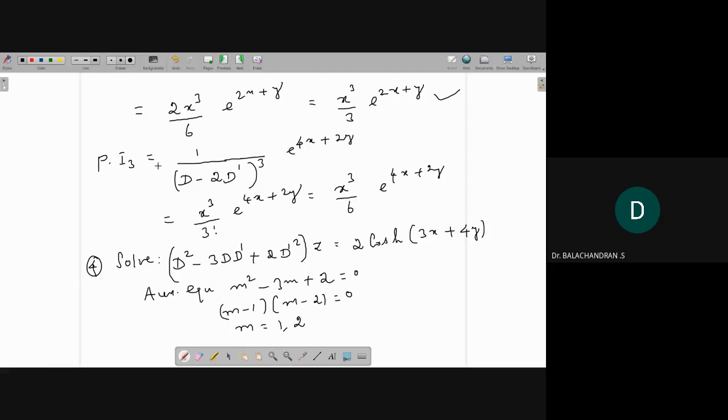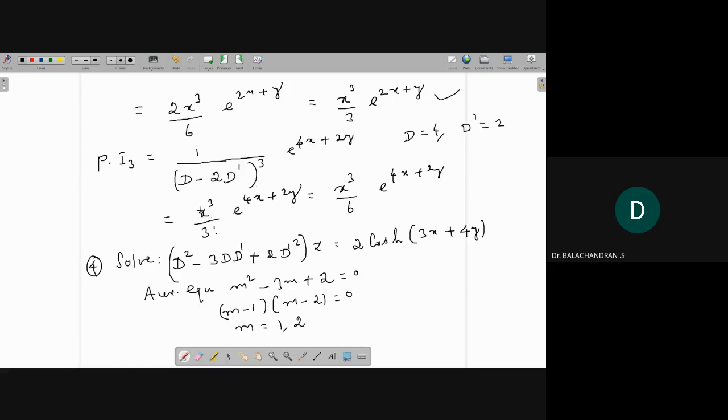Now PI3. Here I am using that result. You can check it. So 1 by d minus 2d dash whole cube into the right hand side function. If you replace d by a, which is 4, and d dash by b, which is 2, so 4 minus 4, 0. R is 3 here.